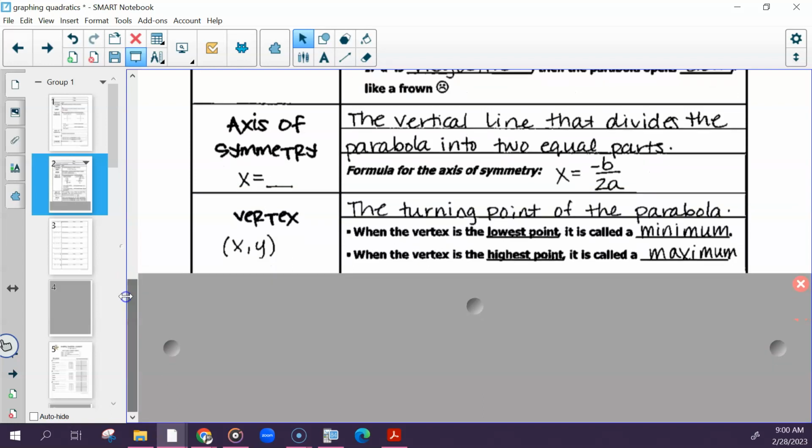And then the vertex lies on your axis of symmetry. It's going to be the point that either goes down and then goes back up at that point, or goes up and then goes back down, either one. So we're going to talk about how to find our minimum and maximum on the calculator and how you could use that to help you graph.